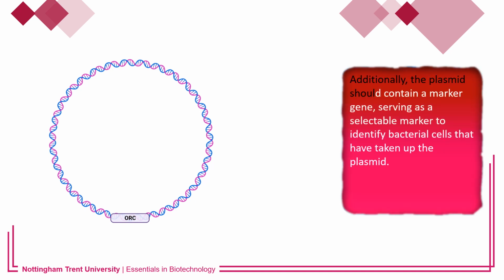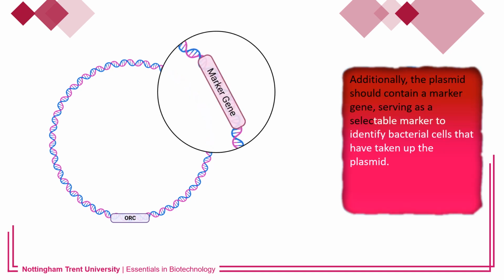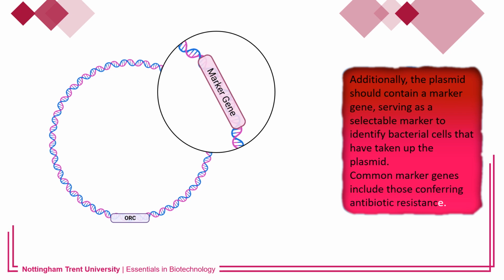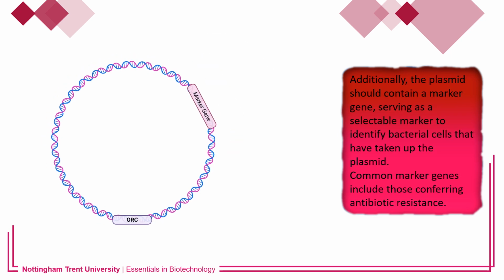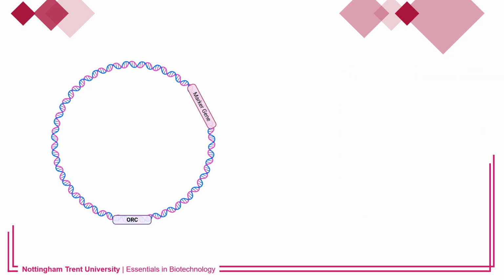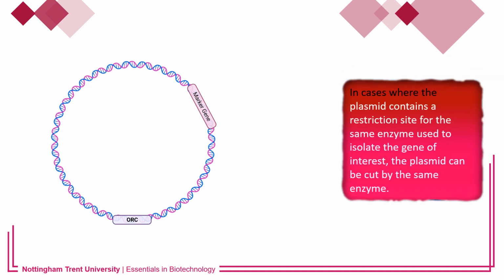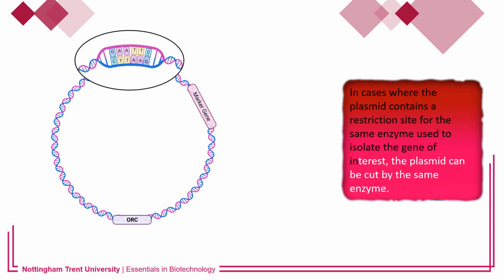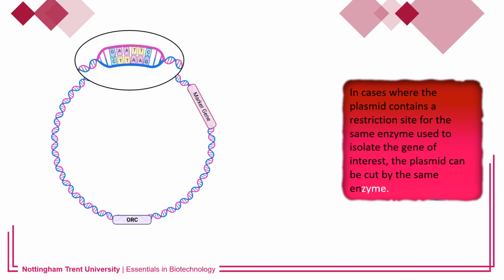Additionally, the plasmid should contain a marker gene, serving as a selectable marker to identify bacterial cells that have taken up the plasmid. Common marker genes include those conferring antibiotic resistance. In cases where the plasmid contains a restriction site for the same enzyme used to isolate the gene of interest, the plasmid can be cut by the same enzyme.